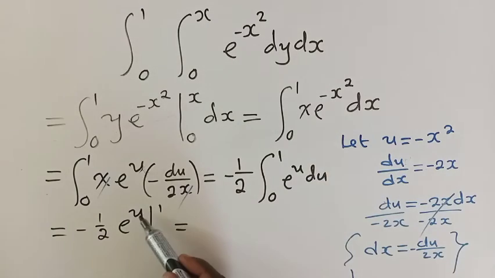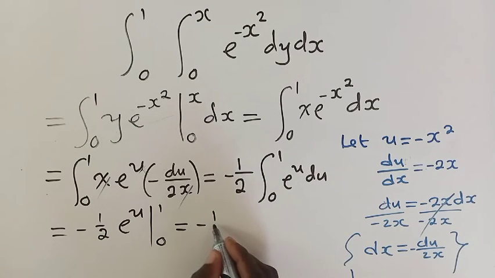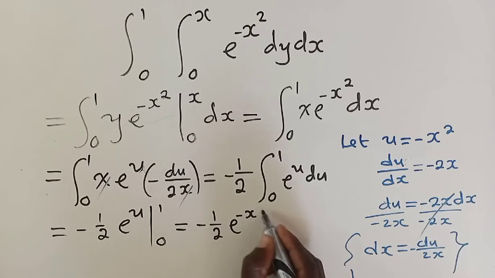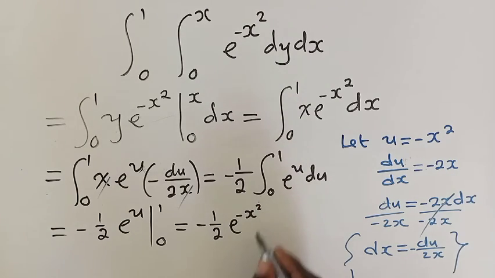So we can bring back the power which was here. U is this one, so at this stage you bring it back, so you have e power negative x power 2 in the limits from 0 to 1.